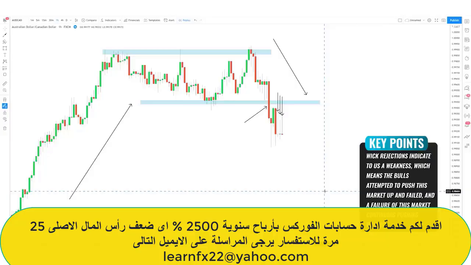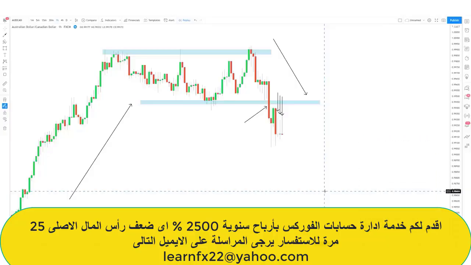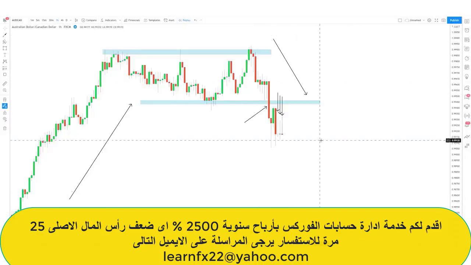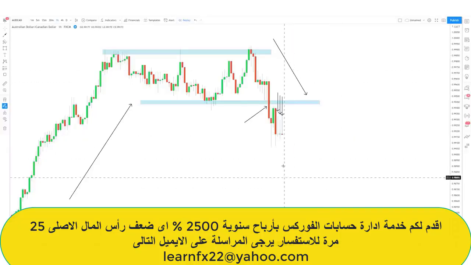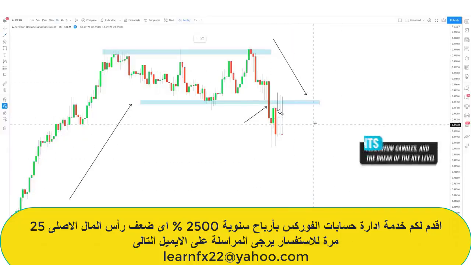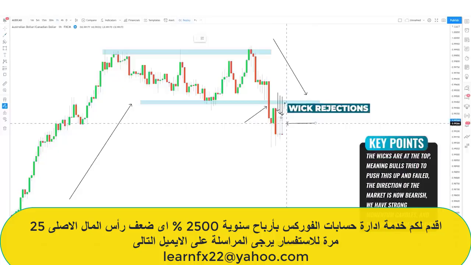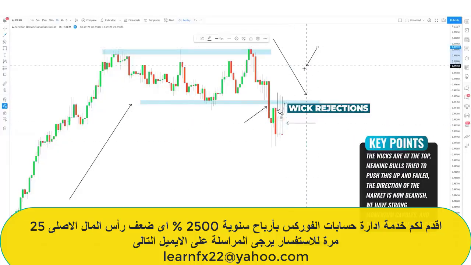The wick rejections indicate a weakness and a sentiment that is indicating to us that it's more bearish than it is bullish. Why? Because the wicks are at the top, meaning bulls tried to push this up and failed. The direction of the market is now bearish.